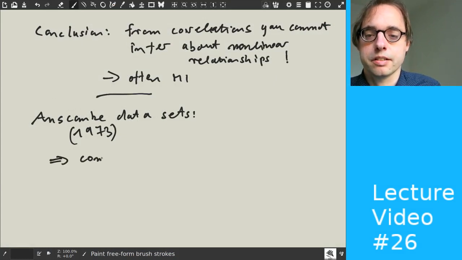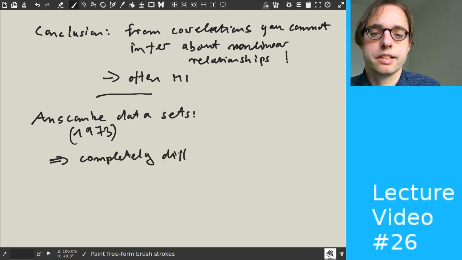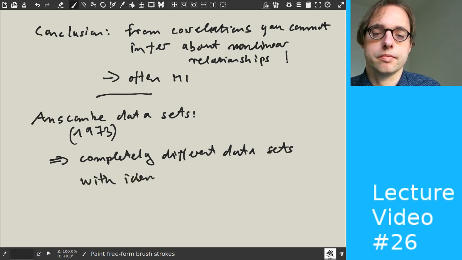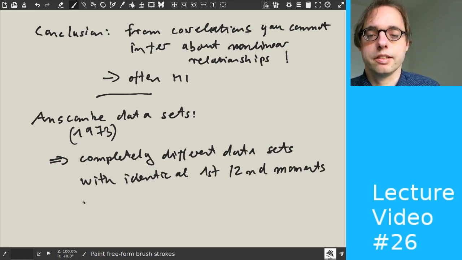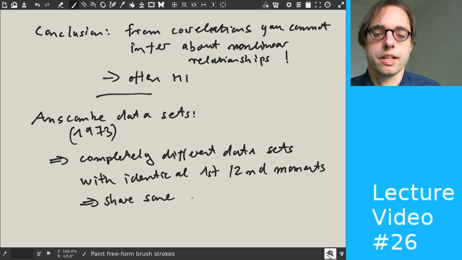Basically, you can have completely different data with identical first and second moments, and first and second moments are the linear characteristics, so they share the same linear characteristics.